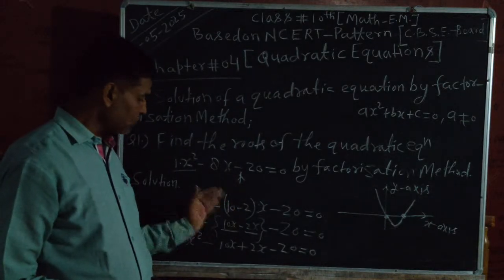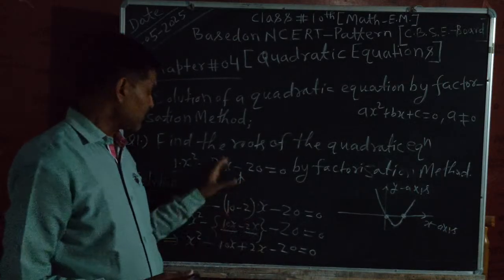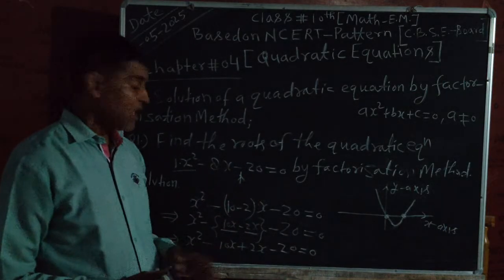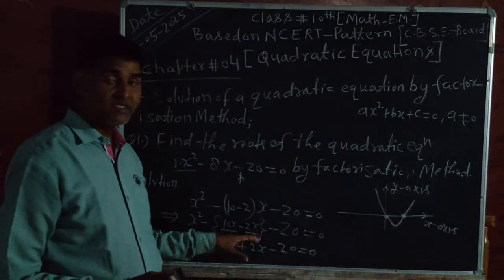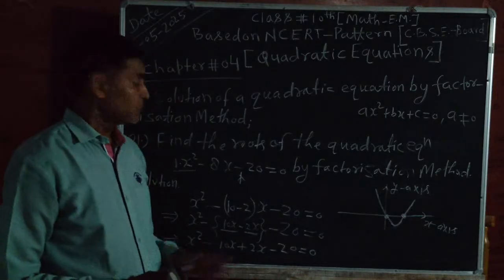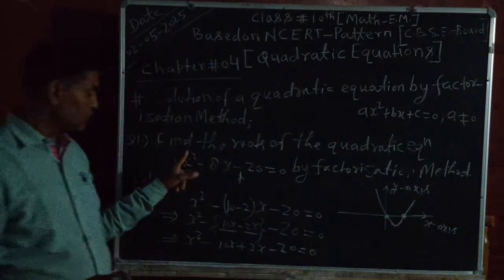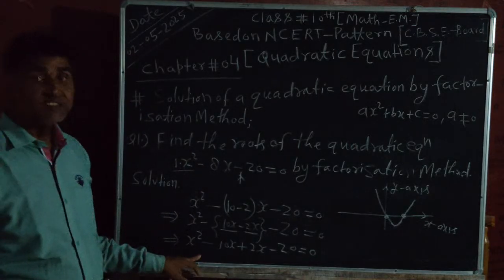After arranging, I will simplify. After simplifying, I will get the factors of this given quadratic equation, and further I will use the concept, and after using the concept I will get the value of x. So here, because the value of x is 2, I will get the value of x the same, 2.